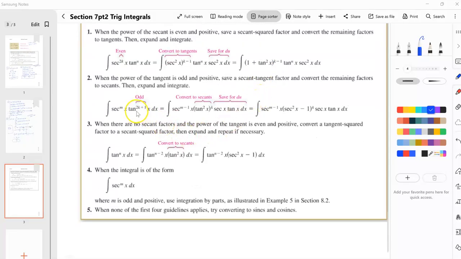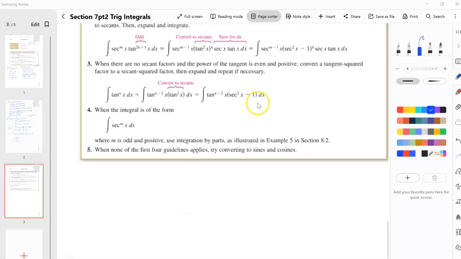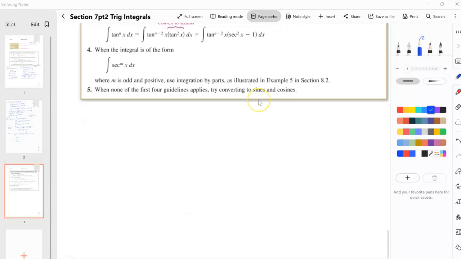If we have an odd number of tangents, then we can reserve a secant tangent and try to turn everything into secants because we know the derivative of the secant, if that is our u, would be secant tangent. So let's look at some examples there.